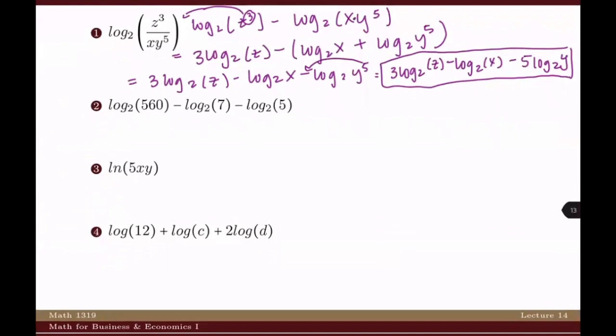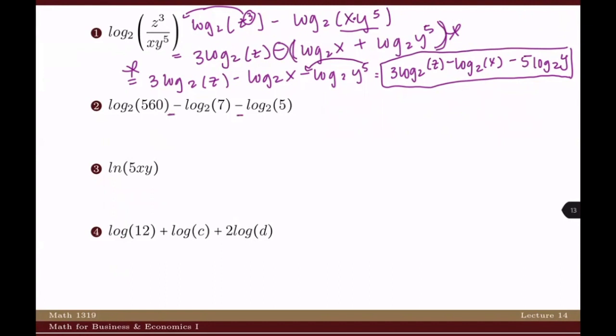Now what we're going to do is try to bring a log back together. The first thing I'm going to do is remember this step I took from here to here. I had two things multiplied together, and then they were in parentheses with this negative out front. So I'm going to do the same thing here.